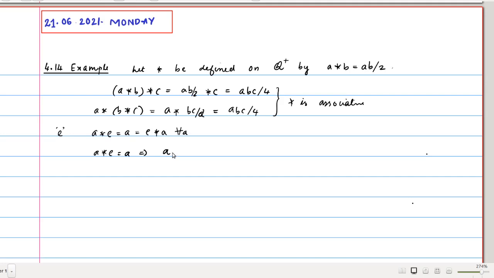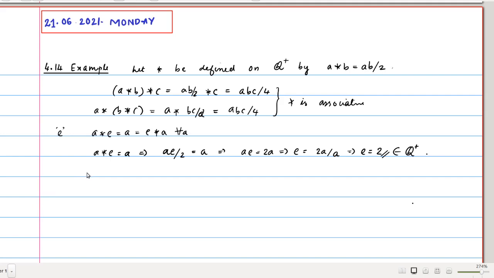By definition, that is ae by 2 equal to a. Since these are all rational numbers, we can solve this as ae equal to 2a, so e is equal to 2a by a. Since this a comes from Q plus, a is non-zero, so e takes the form e equal to 2. If an identity exists, then it must be 2. Let's verify that 2 is an element of Q plus. Obviously it is. So we can say that 2 is the identity element of Q plus.